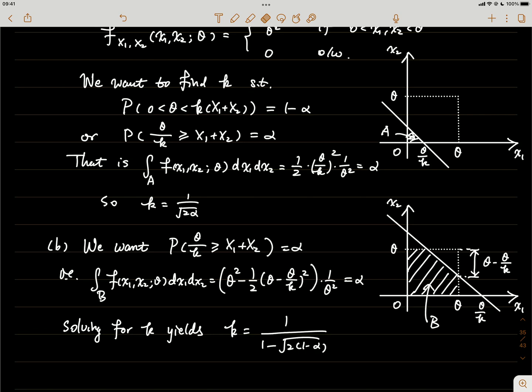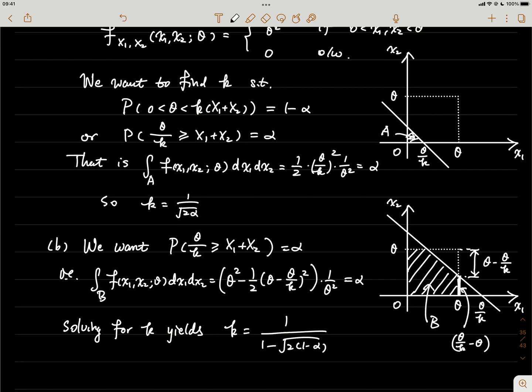So theta over k should be bigger, so this length here should be equal to theta over k minus theta.